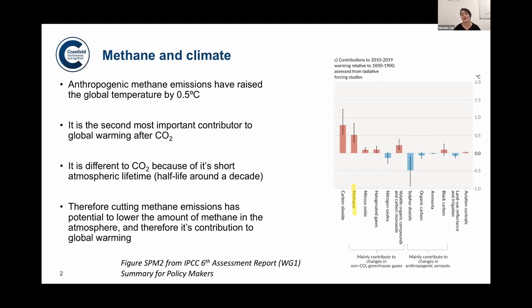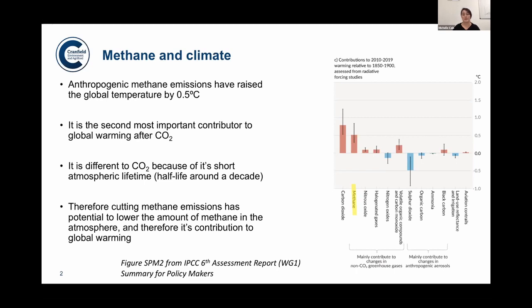Whereas methane has a half-life of around a decade. So roughly speaking, if you emit a ton of methane, after about a decade, about half of it will have been destroyed through chemical reactions. And that's reactions with the OH radical primarily, but also some chlorine radicals, and a few other sources and sinks.